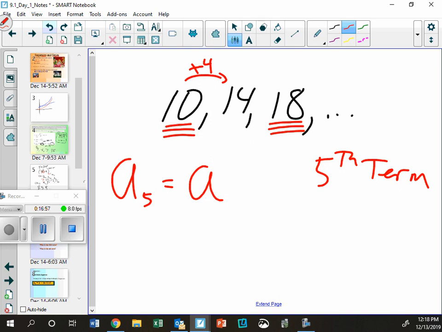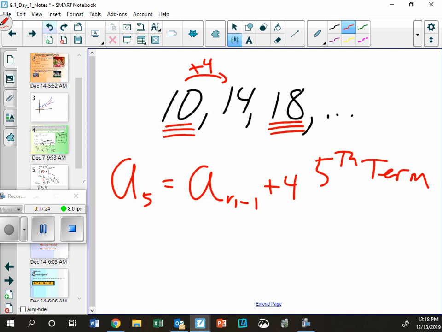If n is the number of terms I want, is it just like a plus n? No. A sub n minus 1 plus 4. Oh, a sub n minus 1 plus 4.